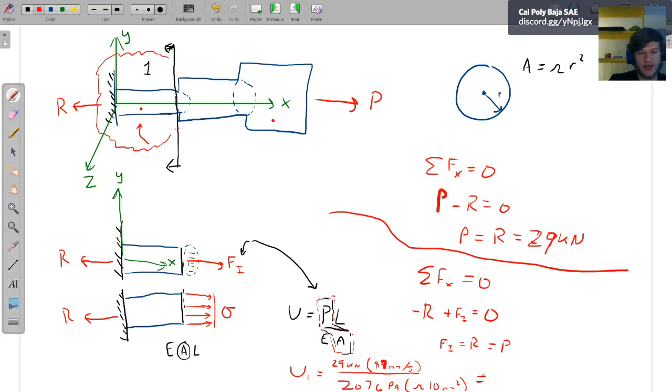Let me plug that into a calculator here. 29E3 times 84/3 divided by 207 times 10 to the 9th, because remember that's giga, that's 10 to the 9th, times pi r squared.